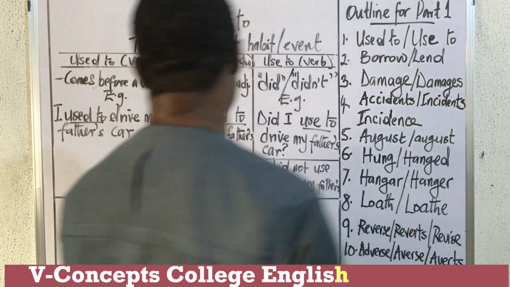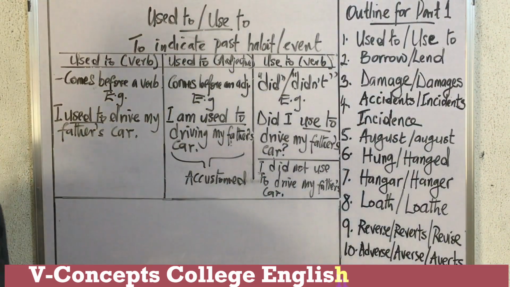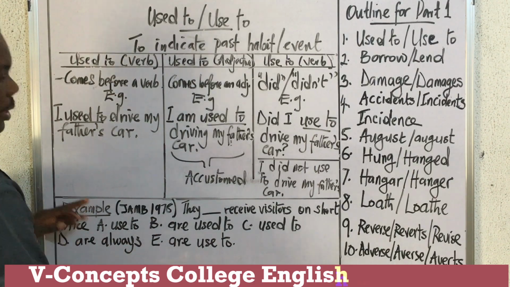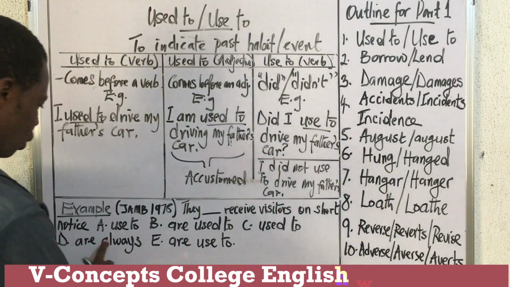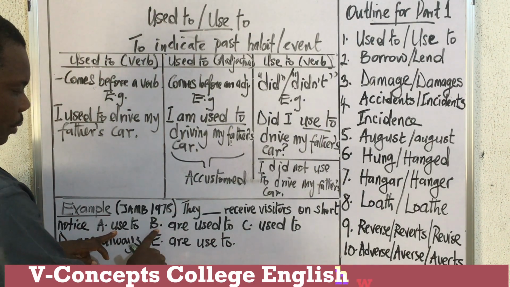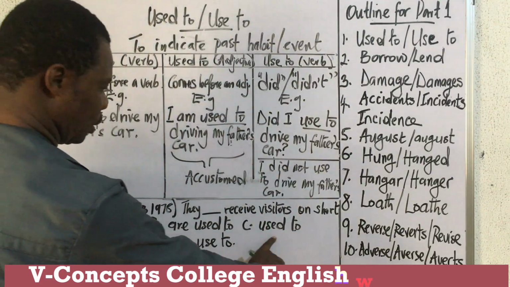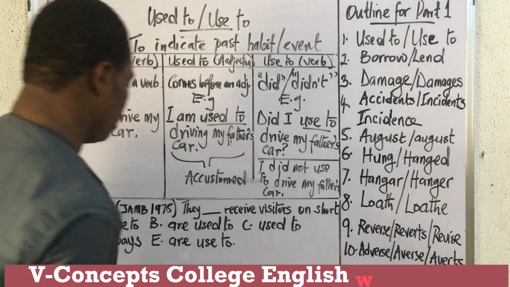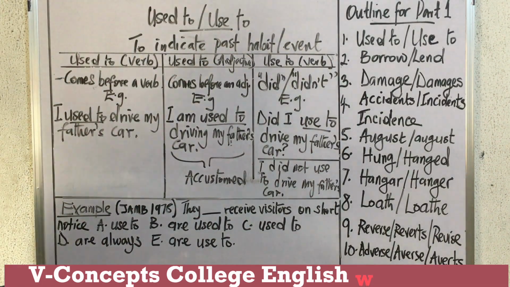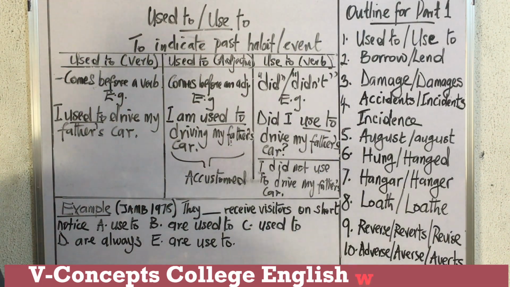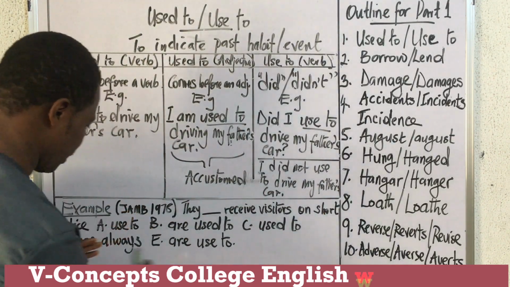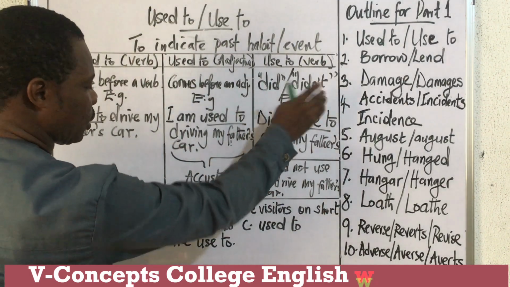Now let's have past exam questions. Example, JAMB 1978. The dash received visitors on short notice. A, used to. B, are used to. C, used to. D, are always. E, are used to. Good. So going by what you have just discussed, ask yourself, does this expression, that is the question, have anything like did or did not?